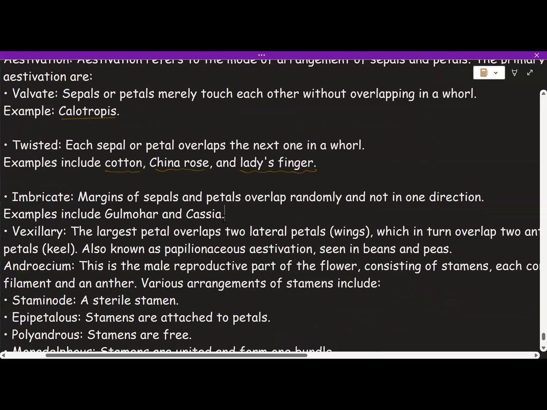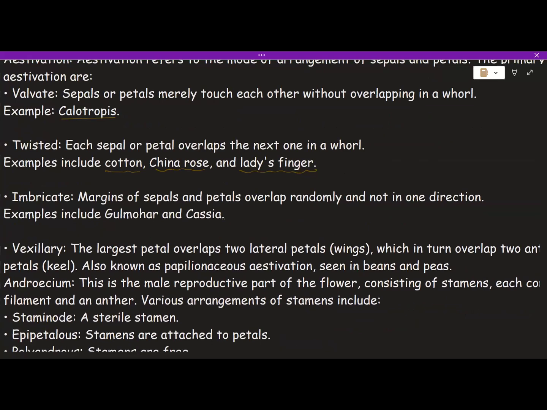Imbricate estivation is the kind wherein the margins of the sepals and petals definitely overlap each other, but their overlapping is random and not in one direction. If it is from left to right, then again it is from right to left, like that.